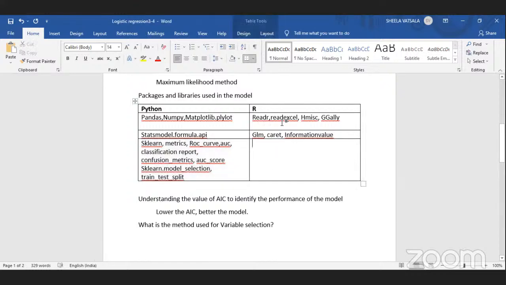Then in R we have various ones like miscellaneous, ggplot, GLM. GLM is basically generalized linear model, caret and information value.